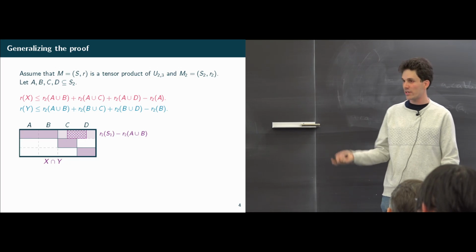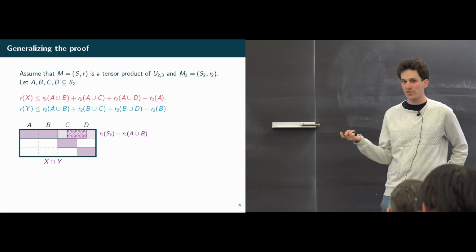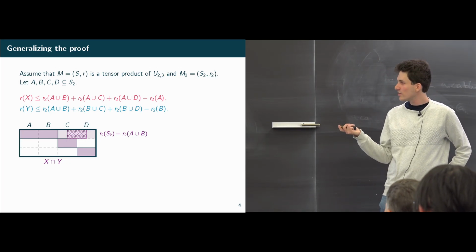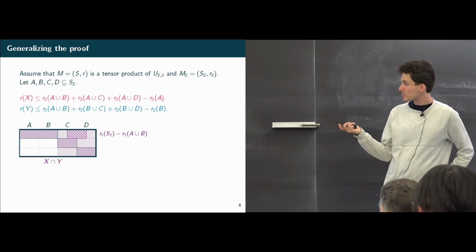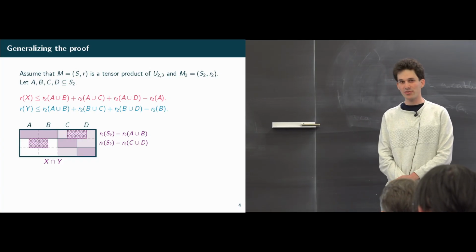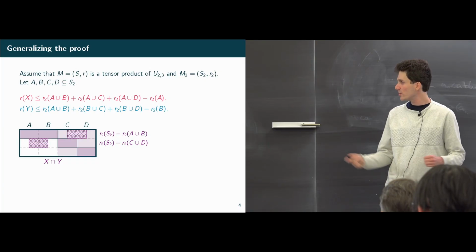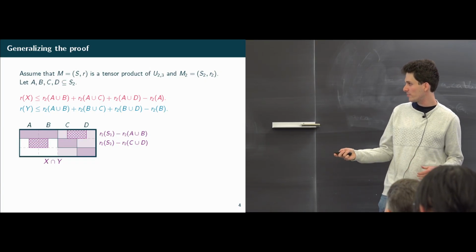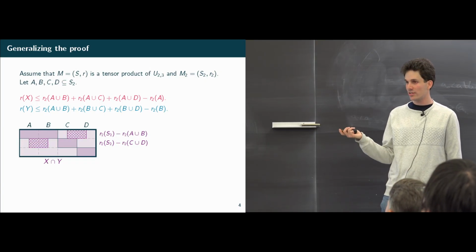And then we span the columns corresponding to C union D in the last columns. And then we need rank of S2 minus rank of C union D elements to be added to the second row to span this. And then we span everything.